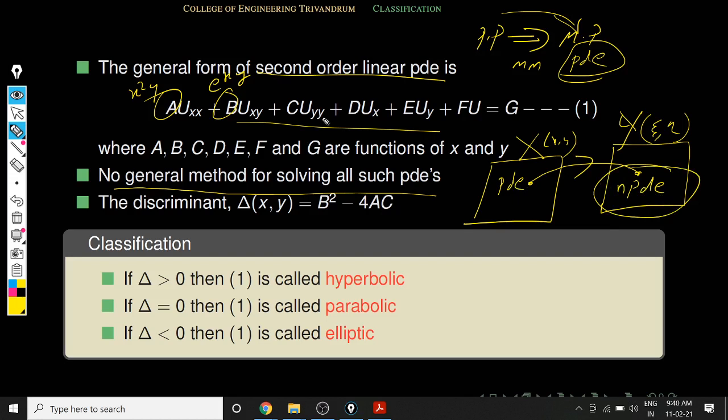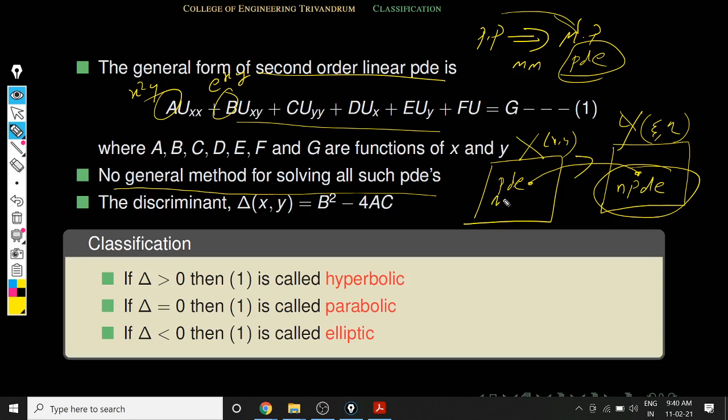So the old PDE is in terms of the independent variables x and y. Then we are going to find an equivalent PDE in another pair of variables psi and eta. This psi and eta are a new transformation. Then we expect this PDE is much simpler than this one, or maybe this PDE is solvable.